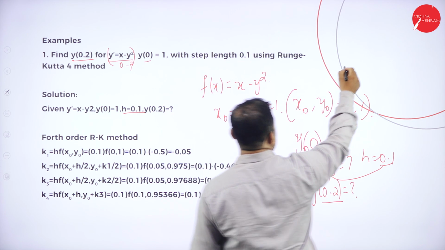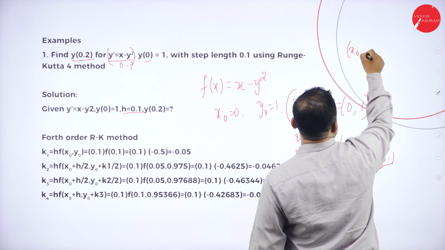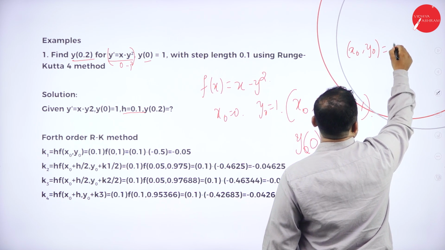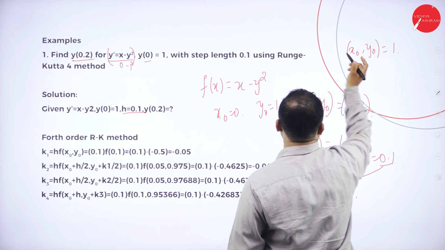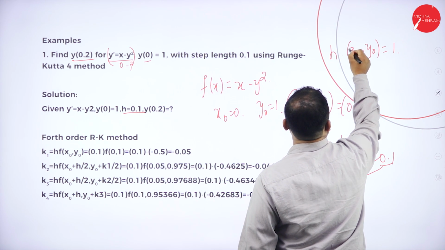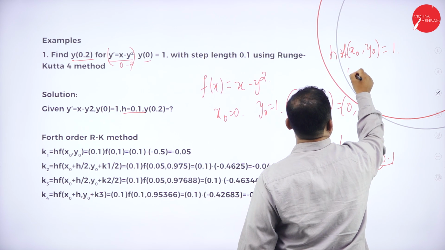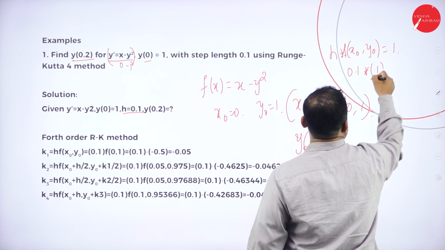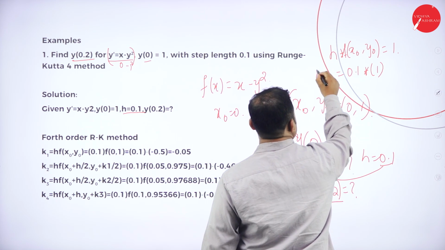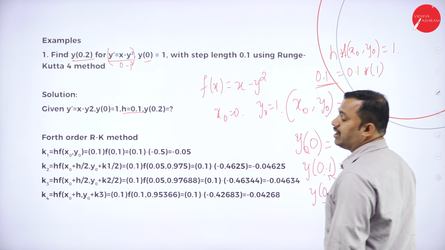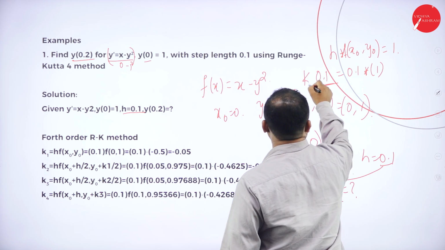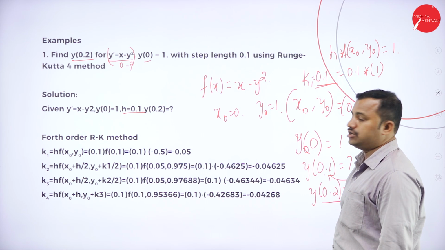So f of x0, y0 is 1. That is the value we have found. What is the value of h? h into f means 0.1 into 1, which is equal to 0.1. 0.1 is the value I am getting for K1. That is, K1 is equal to 0.1.